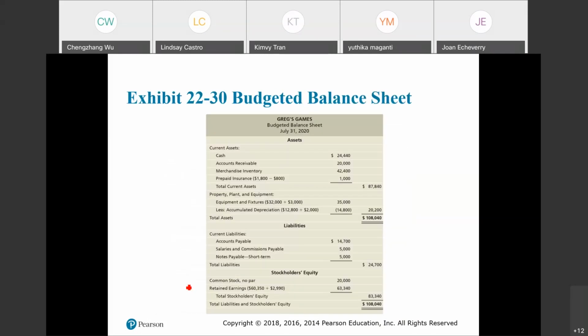Okay, all these numbers can be found from the previous budgets, which is also pretty much straightforward.